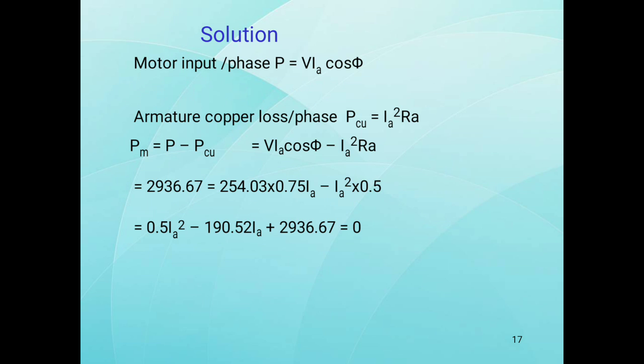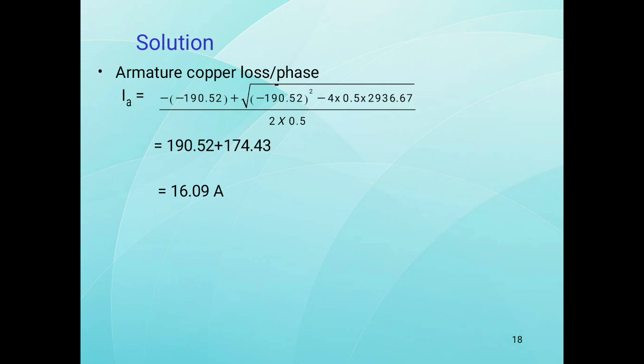Now from this, 0.5 I squared minus 190.52 Ia plus 2936.67 equals 0, we will get Ia equal to 16.09 amps.